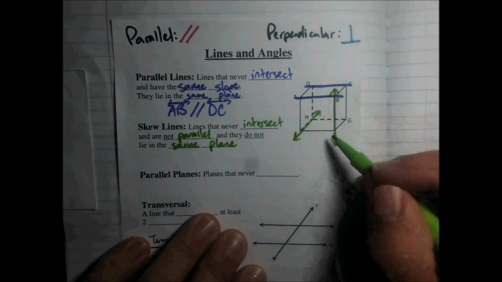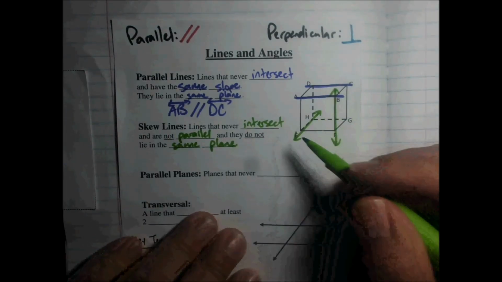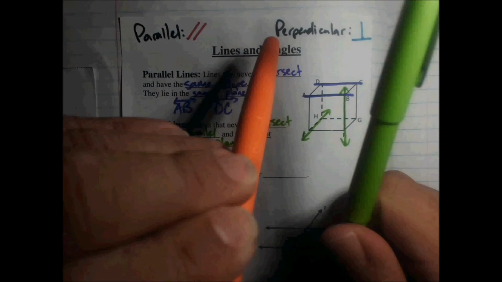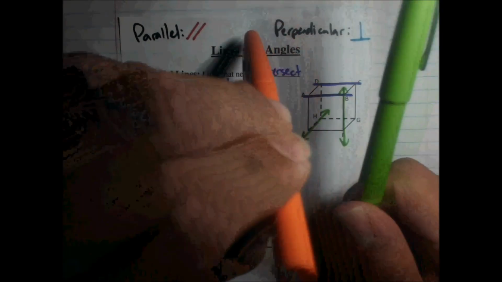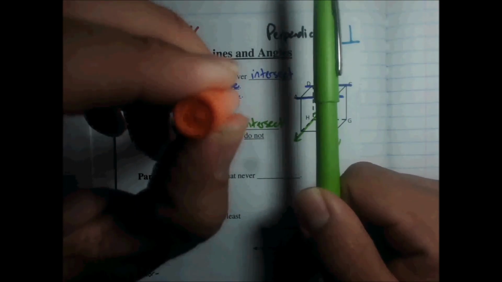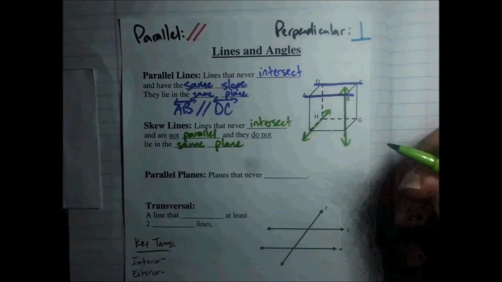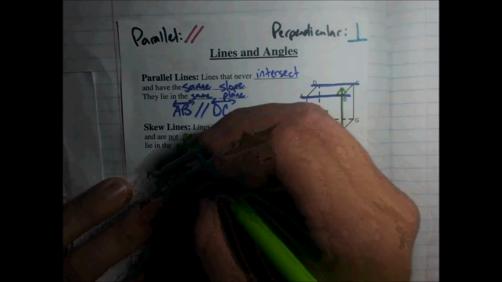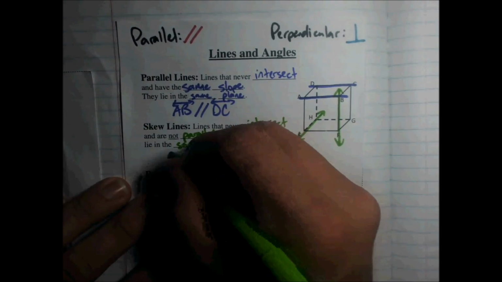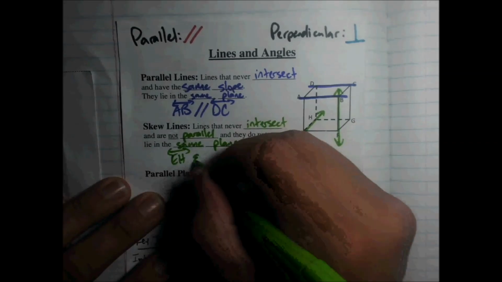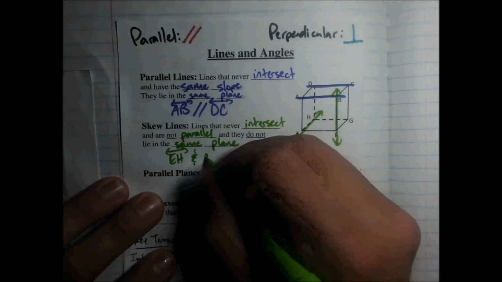If you look at these markers, the orange one's going straight up and down, the green one's going forward and back, but they're never actually going to cross because they're not going to touch. Right? Those are skew lines. So EH and BF are skew.